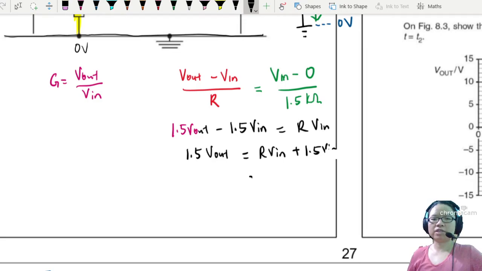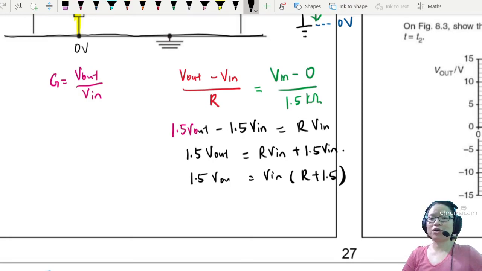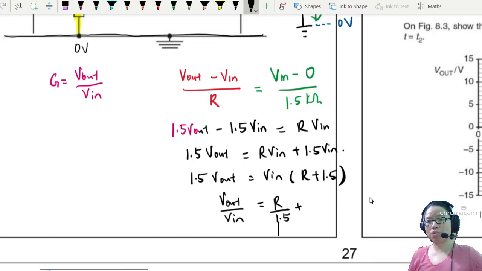So I will factorize V in, okay? V in here will be R plus 1.5. And this one will just be 1.5 V out. So I'm looking for the ratio between V in and V out. So I will take V out over V in. And I bring this one over. This is R over 1.5, so bring the 1.5 over here to divide, plus 1.5 over 1.5.